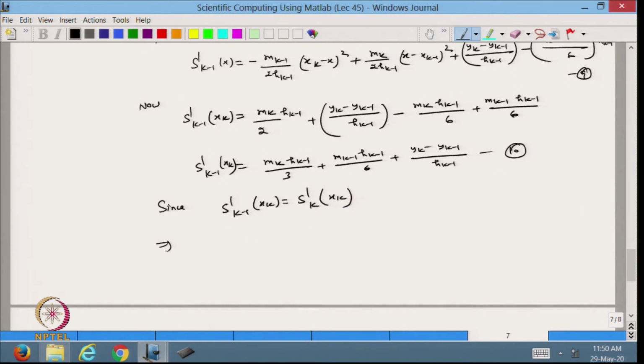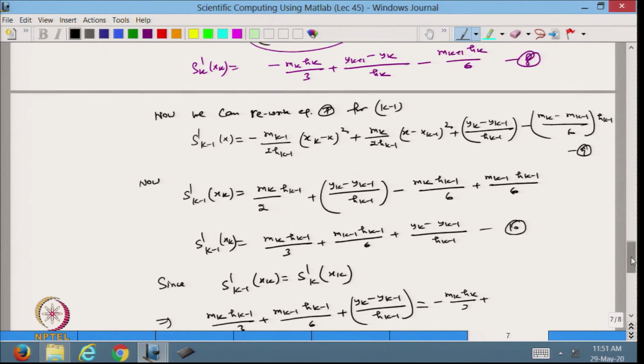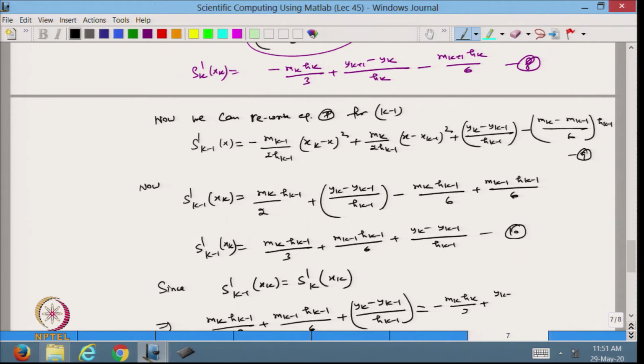So that gives me that mk hk minus 1 by 3 plus mk minus 1 hk minus 1 by 6 plus yk minus 1 over hk minus 1 should be equal to minus mk hk by 3, I am writing from here, plus yk plus 1 minus yk by hk minus mk plus 1 hk by 6.